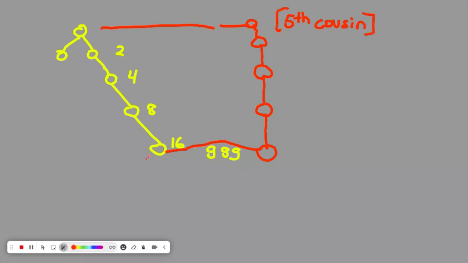So your fifth cousin shares a great-great-great-grandparent who had a son or a daughter, and they followed this line. Very hard to know your great-great-great-grandfather. And remember, you have 16 of them. So it's very hard to know your fifth cousin.